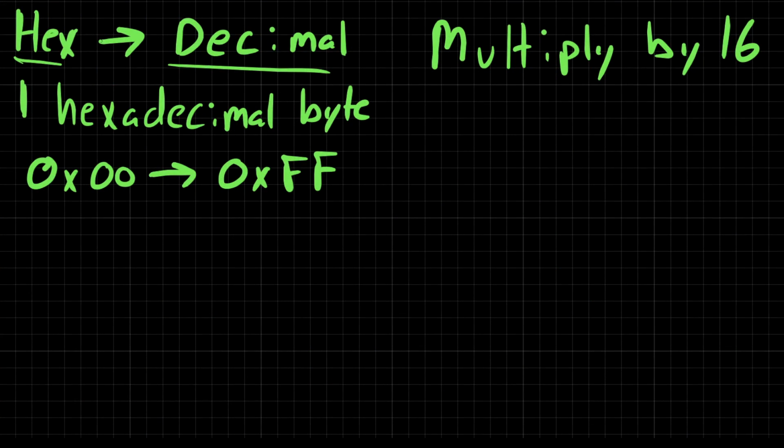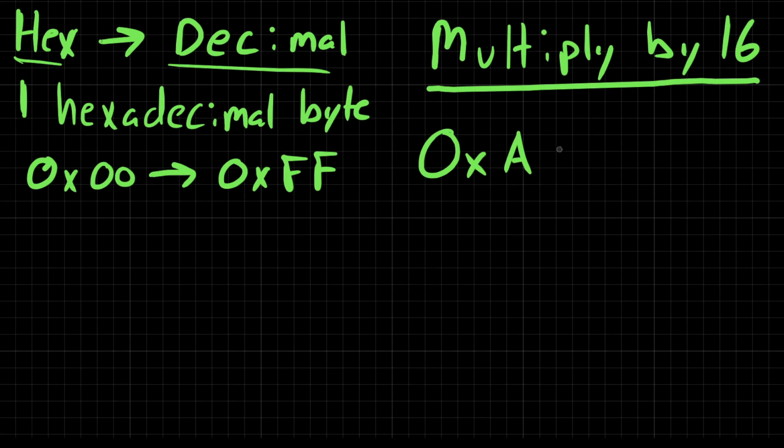All right, now let's say that we have a larger hexadecimal value that we want to turn into a decimal value. We can use something called the multiply by 16 method, and it is basically the inverse of the divide by 16 method that we use to go from a decimal value to a hexadecimal value. So let's say, just for giggles here, that we have 0xABCD, and this is going to be a fairly large decimal number.